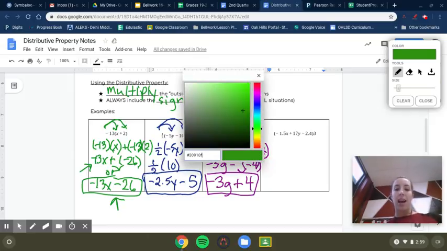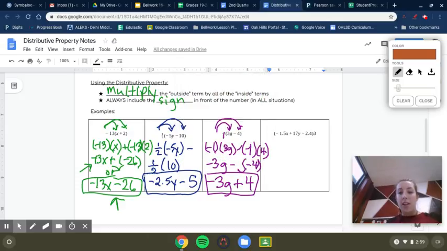All right, and then the last one, we'll do orange. The last one actually has a 3 on the outside and it's on the other side, but it still has to go to all of the numbers on the inside. So 3 is going to go to my negative 1.5x, 3 is going to go to my 17y, and 3 is going to go to my 2.4.